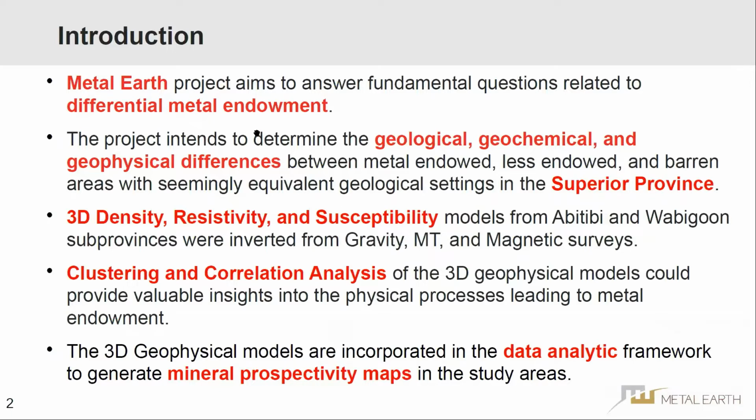For this end, we are collecting several types of data: geological, geochemical, and geophysical methods. And all these things can help to shed light on what are the differences between metal endowed, less endowed, and barren areas that on the surface look pretty much similar.